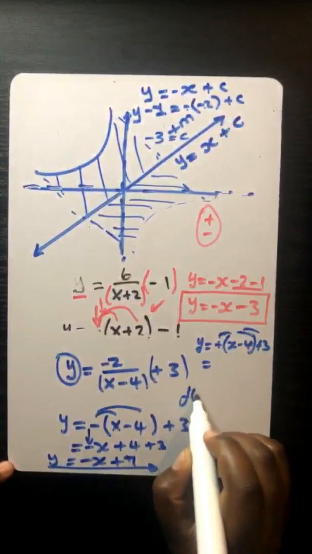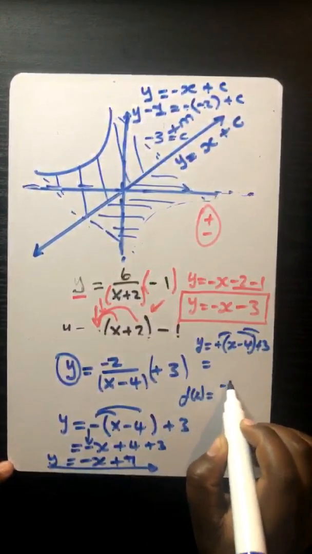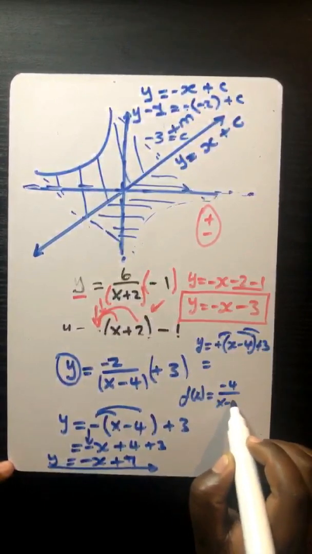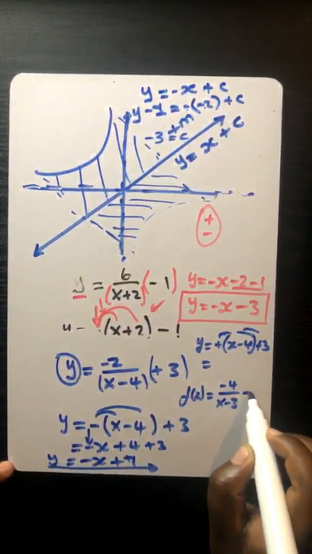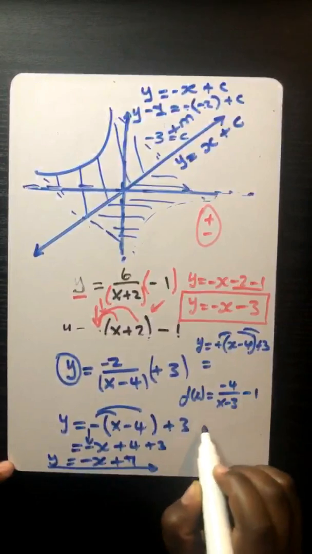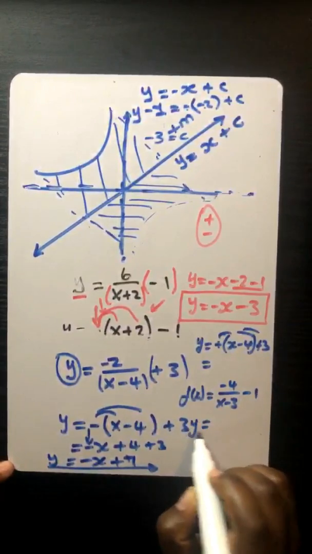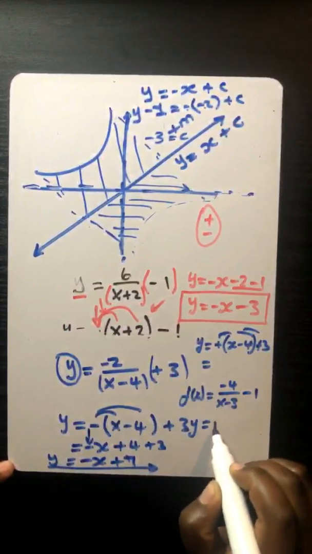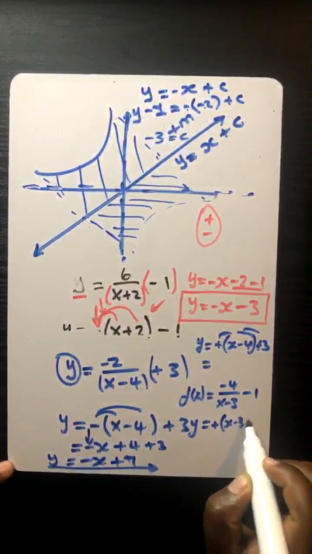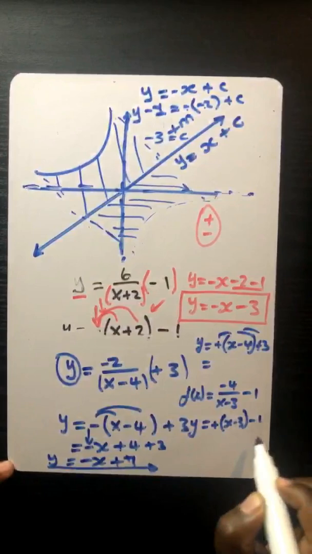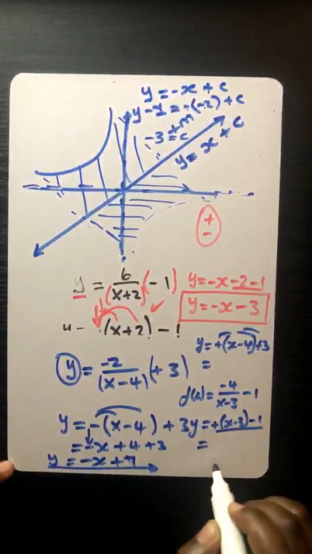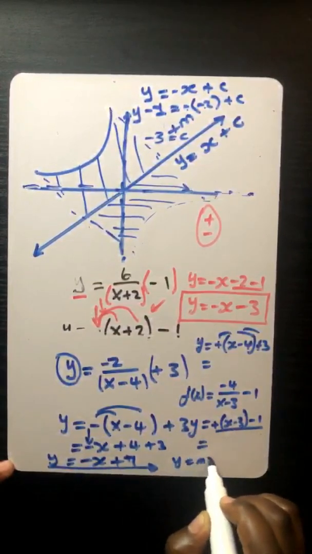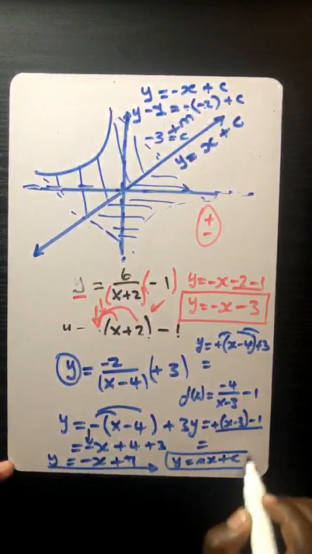Otherwise, if you are given, let's say, f of x being equal to, let's say, negative 4 over x minus 3, minus 1, then it means you would say y, if they want it having a positive gradient, then it's just positive into 3, x minus that, then you just simplify and write it in the form of y equals mx plus c.